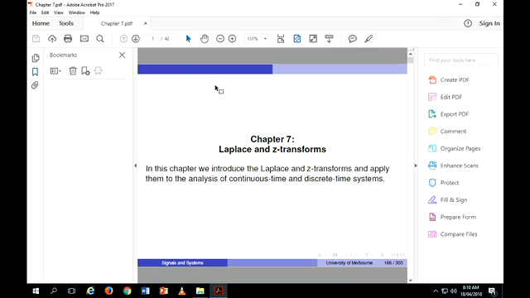Okay. So we know that in order to check these conditions, my u(t), a step signal, does not satisfy this. Any periodic signal will not satisfy this either. So that's why we introduce the concept of generalized Fourier transform.